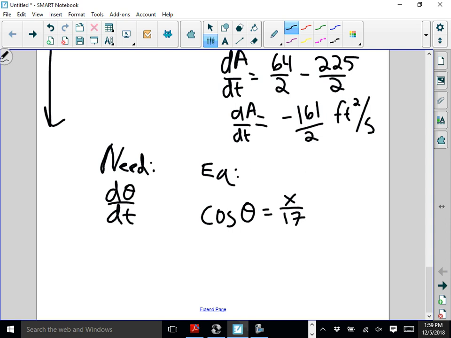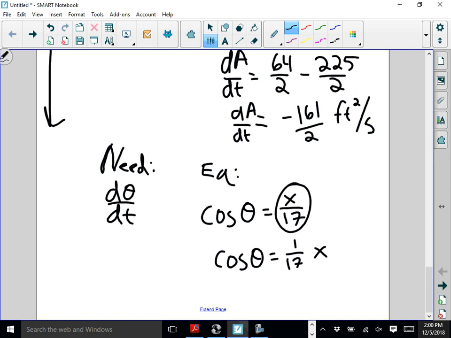If we both do it right, we should get the same answer. The one thing I like to do, before I do the derivative, is fix this a little bit so I have a coefficient times x. So I want to rewrite this as cosine theta equals 1/17 x. Hopefully we know that those are identical things. It'll just make my derivative a little bit more intuitive when I do it.